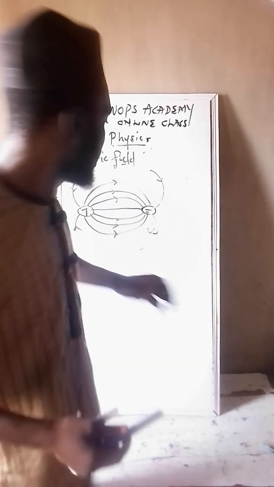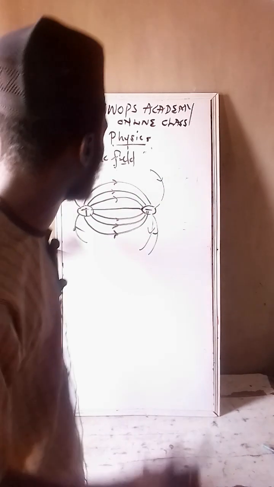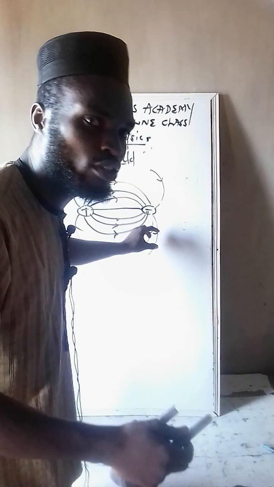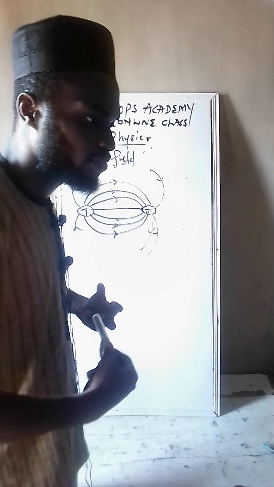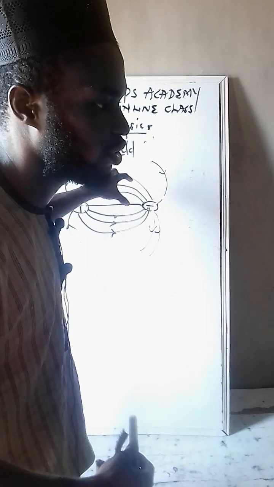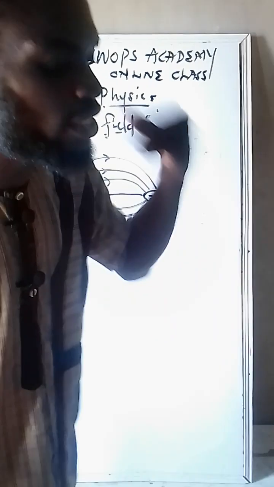That means the strength that this particular electric field undergoes, the force in it, the building block of this, is what we know as electric field intensity. So the strength for this to occur is what we call electric field intensity.